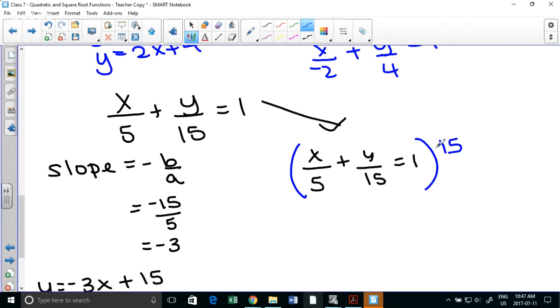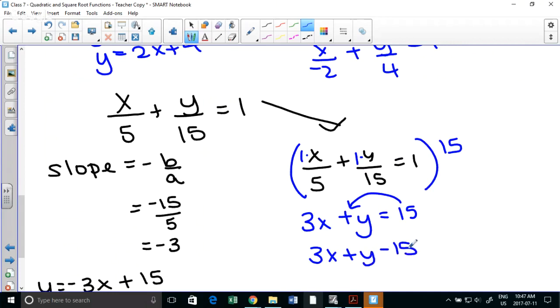So here, 15, remember we have the little 1 that we don't see. 15 times 1 divided by 5 is 3. 15 divided by 15 just leaves me with the 1. And 15 times 1 is 15. One side has to be 0, so I'm going to move this over. 3x plus y minus 15 equals 0.